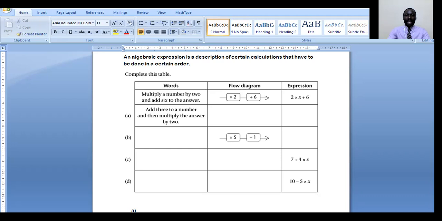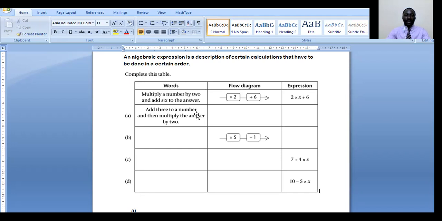So you had a number, now you have 2 of that number, and to what you have multiplied, add 6. So how do we get that? Well, we get 2 times that number plus 6, which is what we are having right here in the expression.